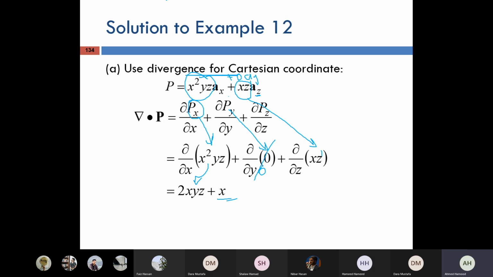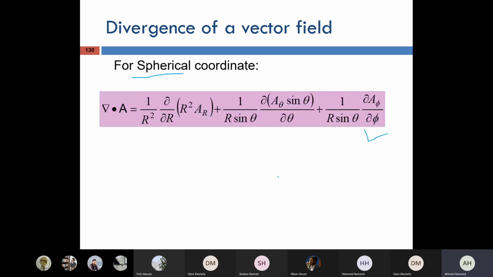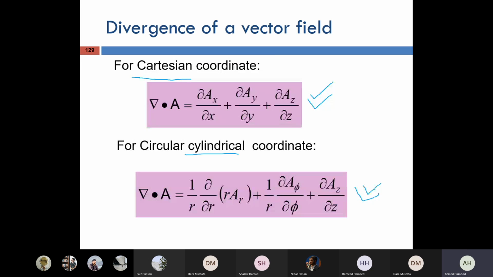So let's move on to the second question, which is also asking for the divergence of these vectors. We can see we have r, we have phi, we have z. These variables are for cylindrical coordinates. Okay, cylindrical coordinates is this one. So we have to rewrite this equation exactly.